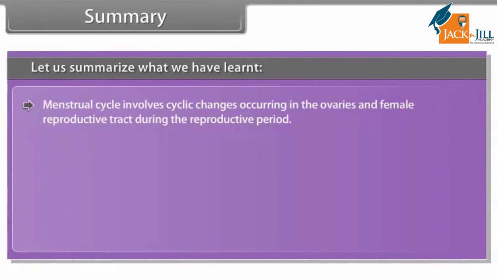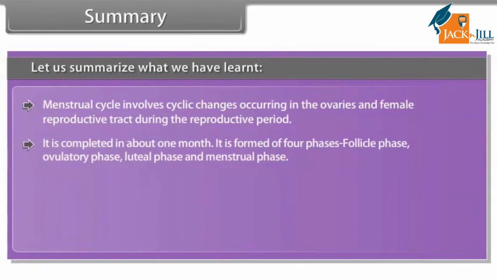Menstrual cycle involves cyclic changes occurring in the ovaries and female reproductive tract during the reproductive period. It is completed in about 1 month. It is formed of 4 phases: follicle phase, ovulatory phase, luteal phase, and menstrual phase.